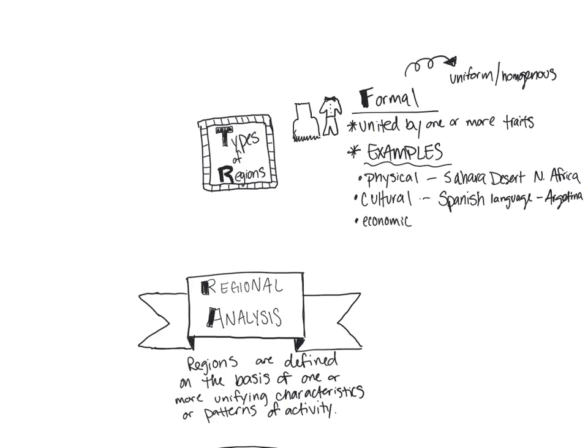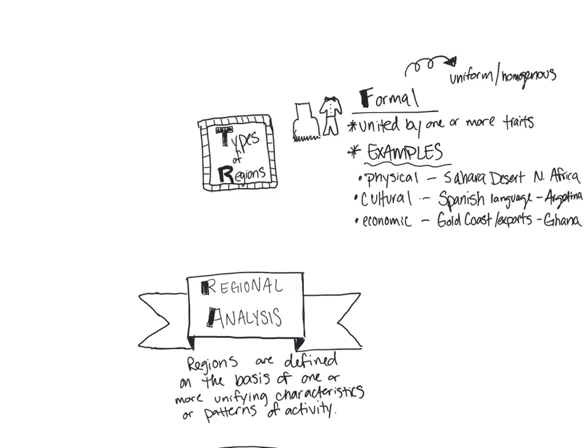An economic region, remember, economic is kind of like money. What brings in money, what kind of businesses, stuff like that will run your economy. A good example of this is the Gold Coast and exports in Ghana in Africa.